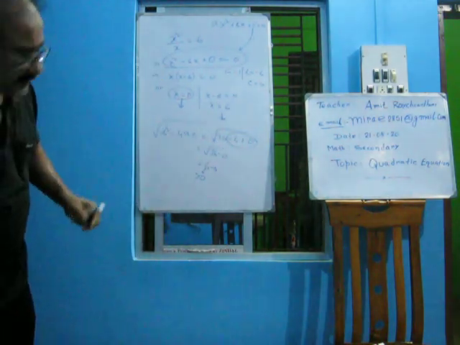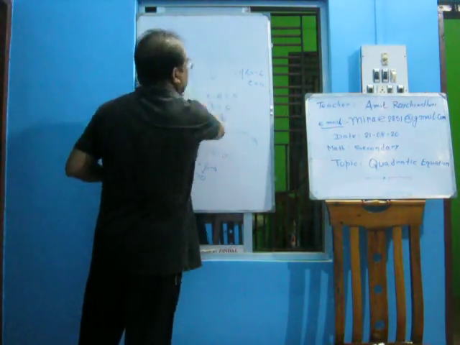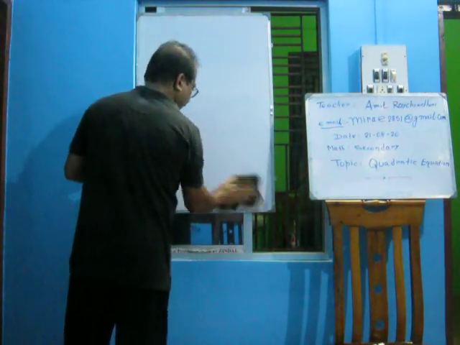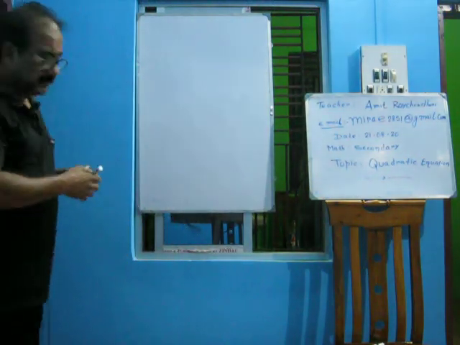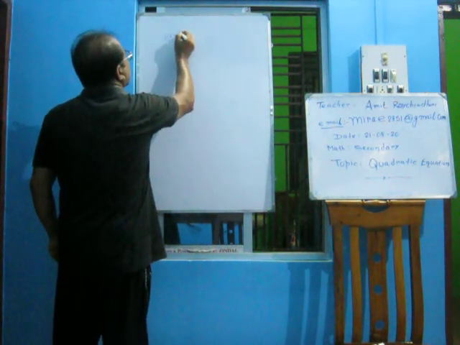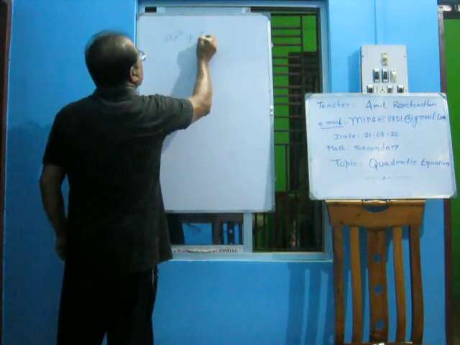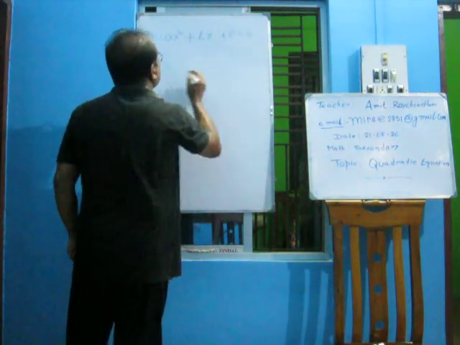Right? Now another part I am going to switch on. Ax square plus bx plus c equal to 0.